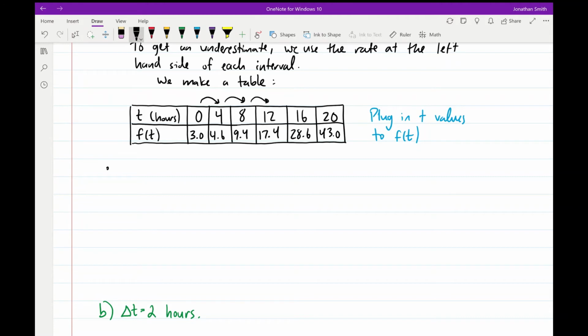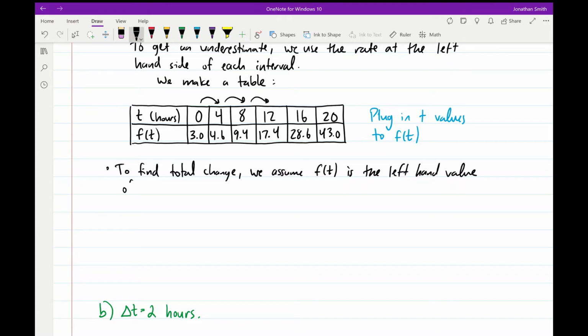All right, so at this point, to find the total change, we assume f of t is the left-hand value of each of the intervals that are showing up inside of the table here.